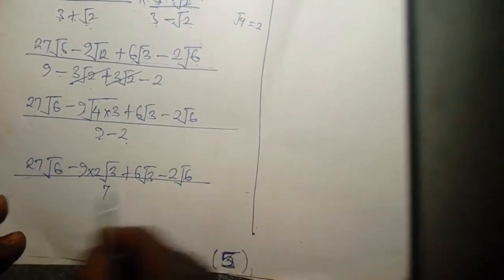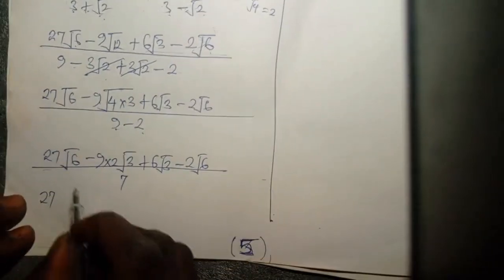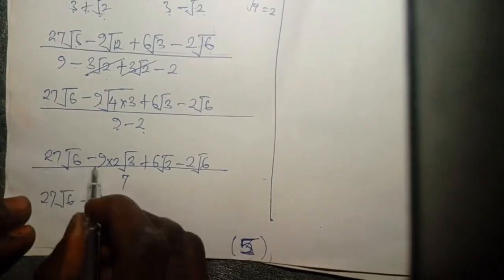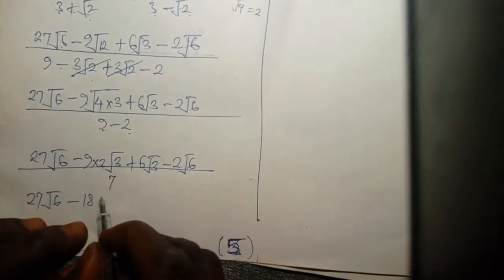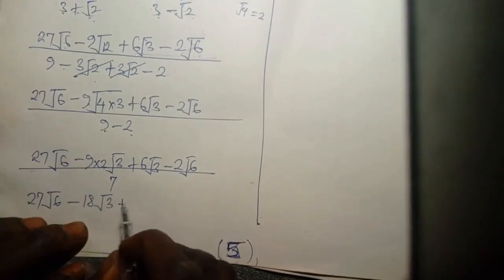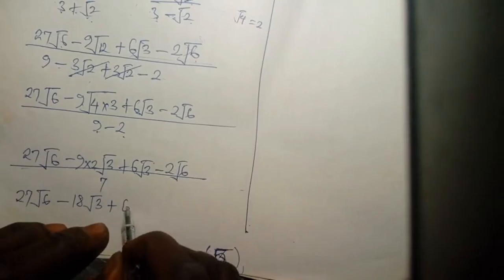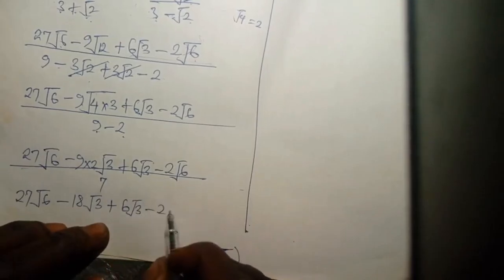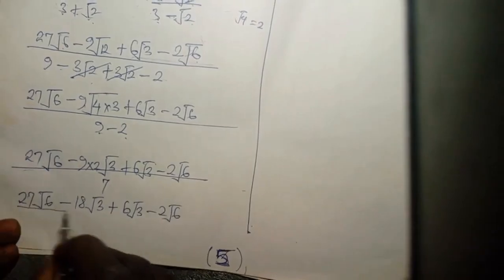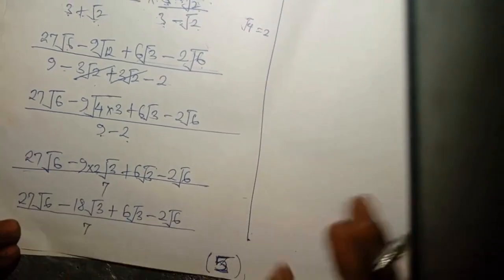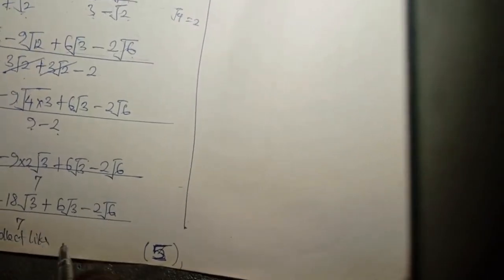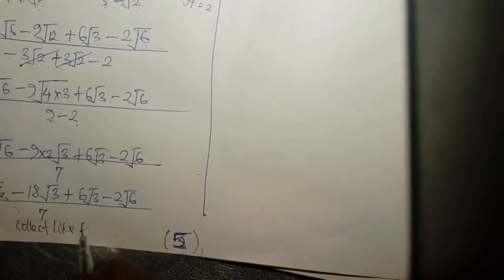Therefore, 27 root 6 minus 9 times 2, which is 18 root 3, plus 6 root 3 minus 2 root 6 all over 7. Now root 6 is here, root 6 is here, root 3 is here, root 3 is here. So the next thing is to collect like terms.